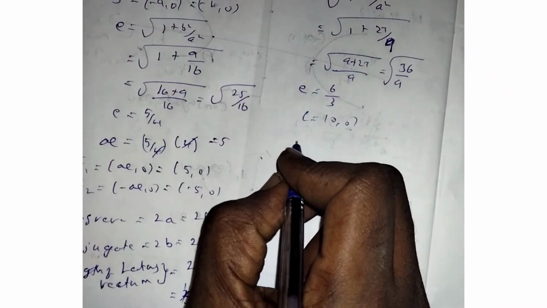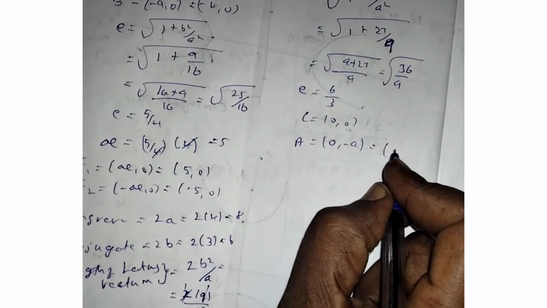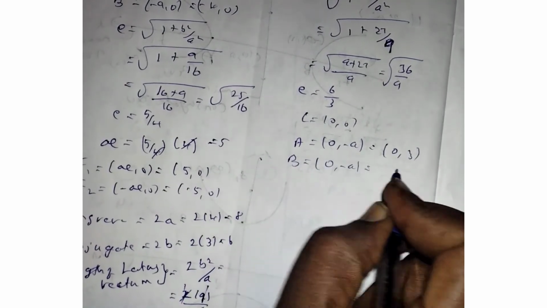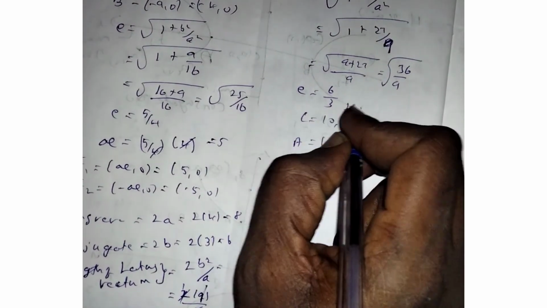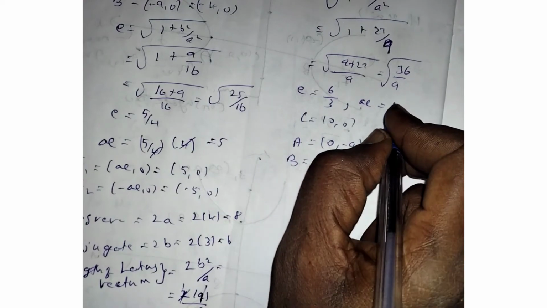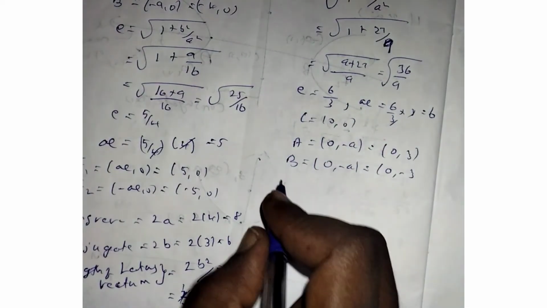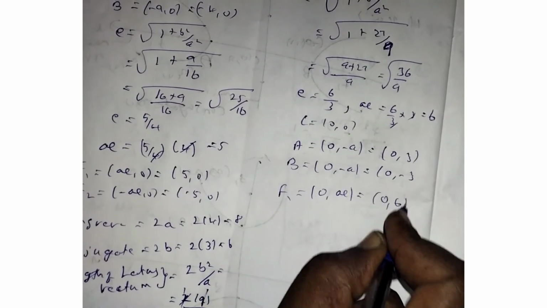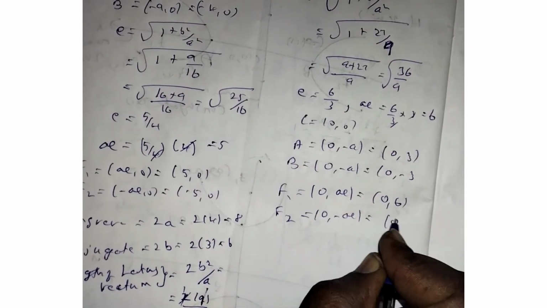The center is as usual 0, 0. The first vertex is 0, a, and the a value is 3, so 0, 3. The second vertex is 0, minus a, so 0, minus 3. For the focus, find the ae value: ae equals 6 by 3 into 3, which is 6. So the first focus is 0, ae, which is 0, 6, and the second focus is 0, minus 6.